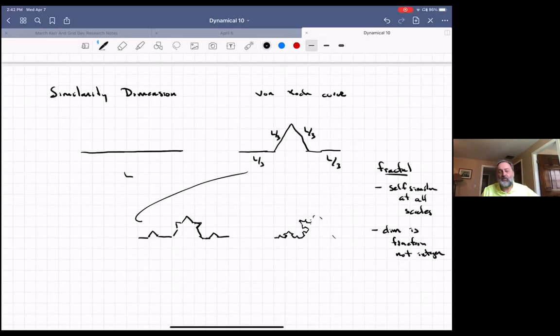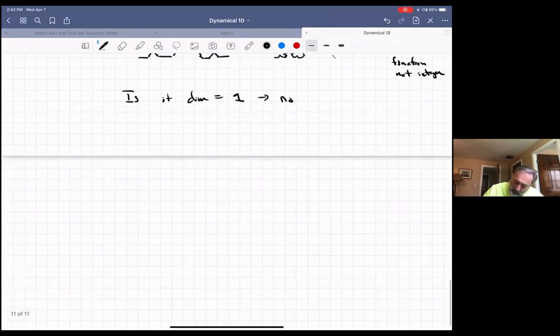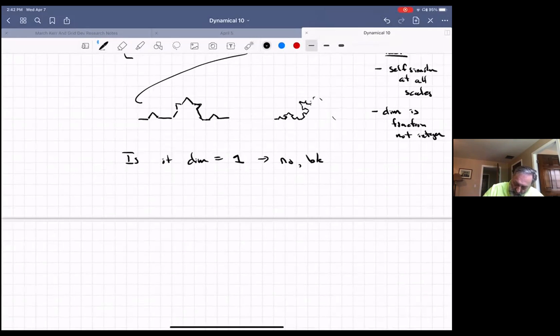So now you ask the question, how long is this curve? This von Koch curve that you built, right? Yep. Is it dimension 1? Well, no. Because its length is no longer finite.